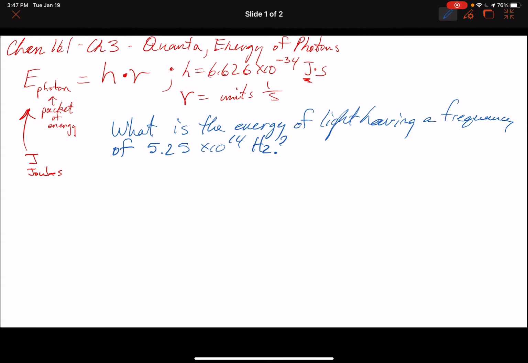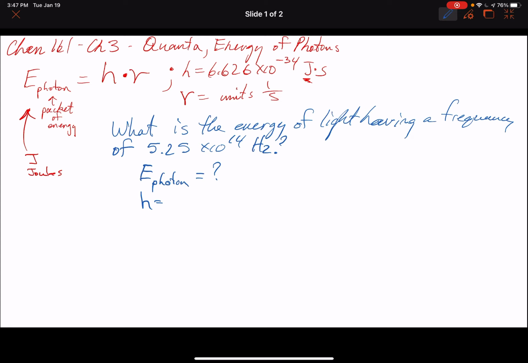So the equation tells us that we can answer this question. The energy of a photon of this light that has this frequency is equal to Planck's constant times frequency. So we're after this energy. That's our unknown. We'll list the knowns.